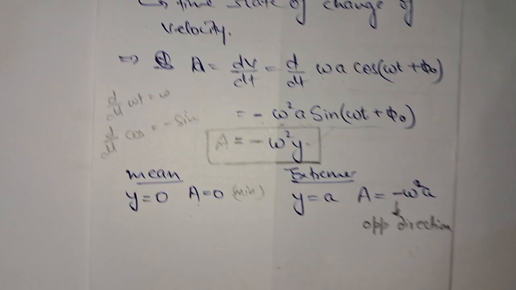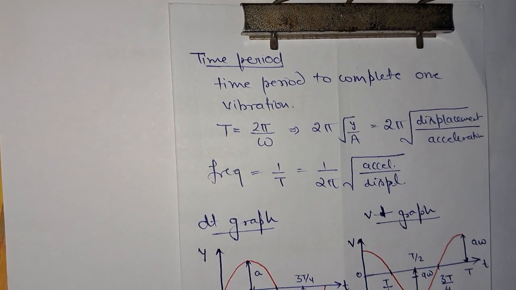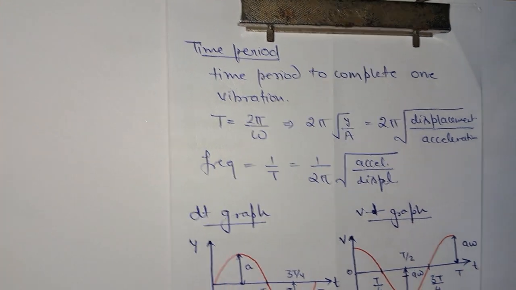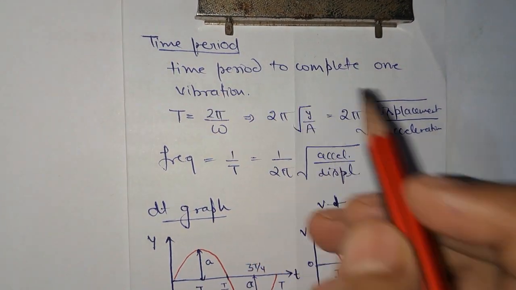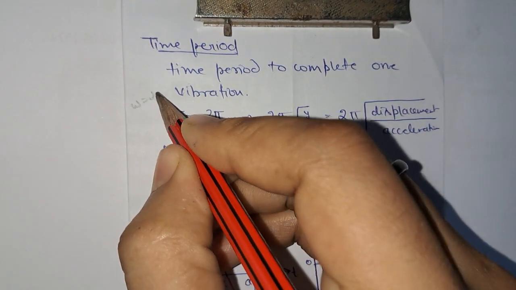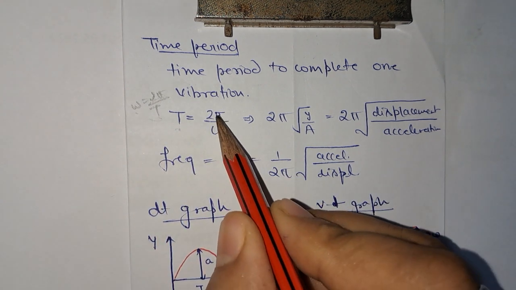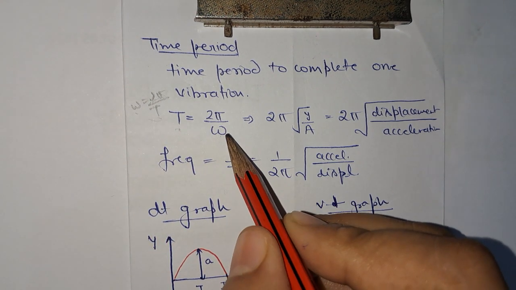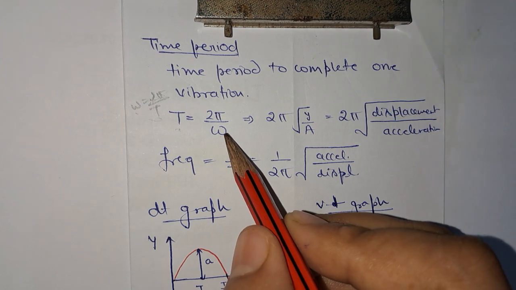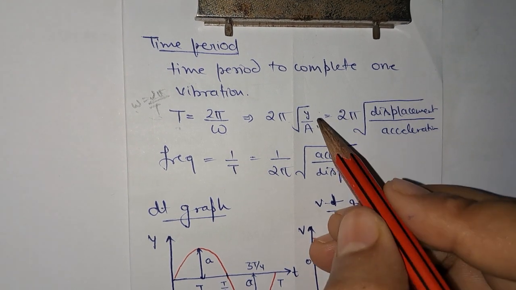Now let us discuss another thing, that is the time period of the simple harmonic motion. That is the time to complete one vibration. So T, since omega was 2 pi by T, from this we can reshuffle to get 2 pi by omega, and this can be written as 2 pi under root y by a. How did we get this y by a?